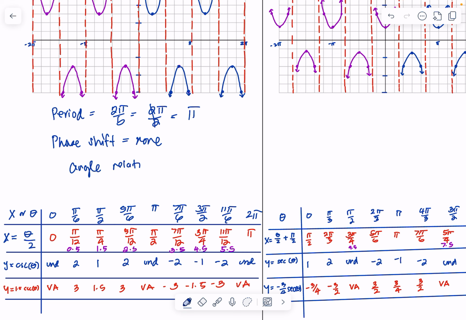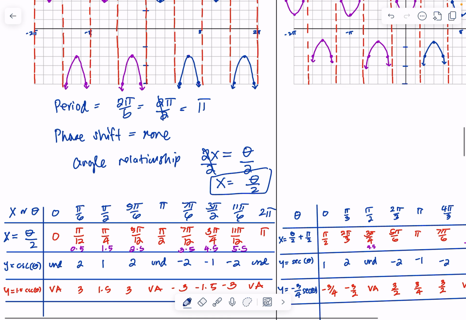For the angle relationship, we take 2x, which is inside the parentheses, and divide by 2. So every pi radian value will be divided by 2. So we have 0 divided by 2 is 0. Pi over 6 divided by 2 is pi over 12.